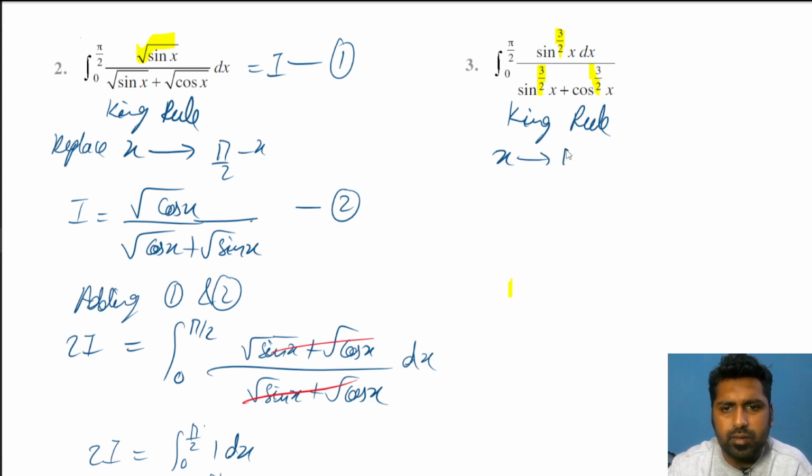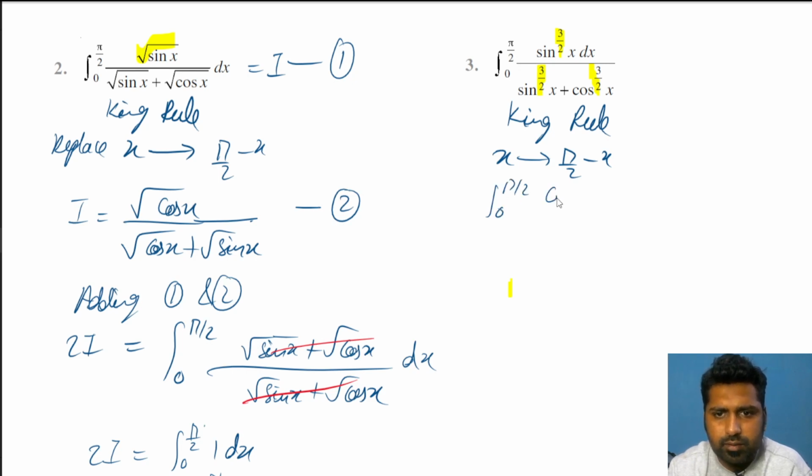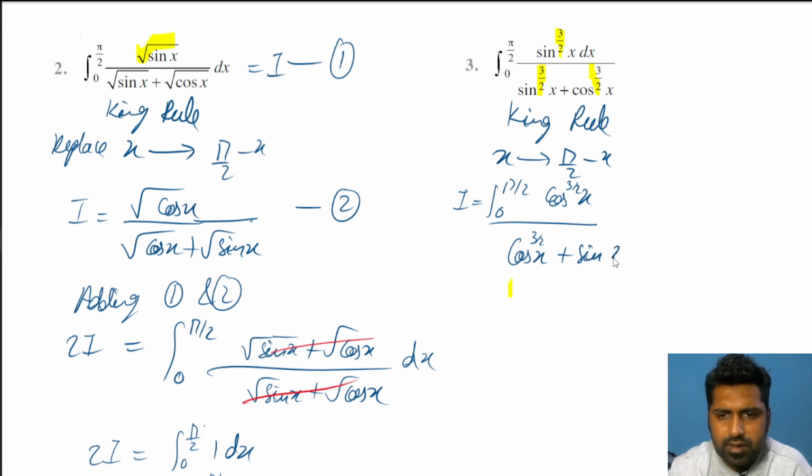Replace x with again pi by 2 minus x. We'll say 0 to pi by 2. Sine will become cos x, because sine of pi by 2 minus x is cos x. Power remains 3 by 2. I is integral of cos x raised to power 3 by 2 upon cos x raised to power 3 by 2 plus sine x raised to power 3 by 2 dx.